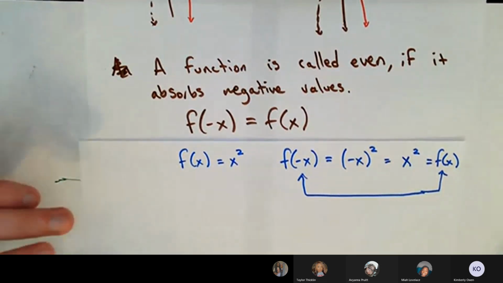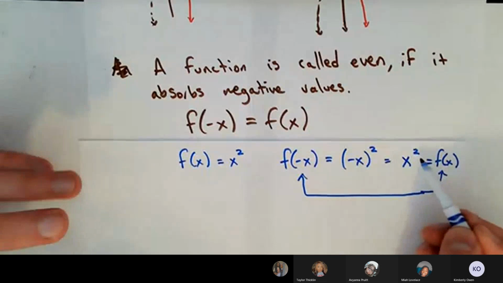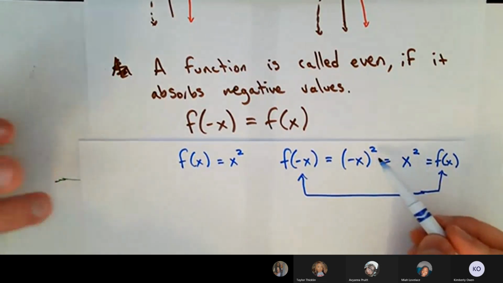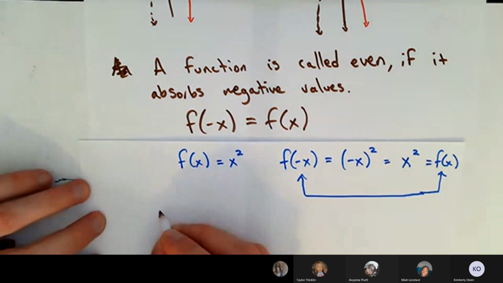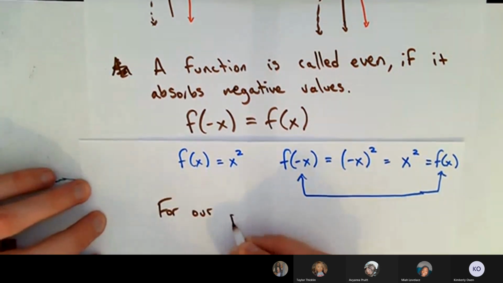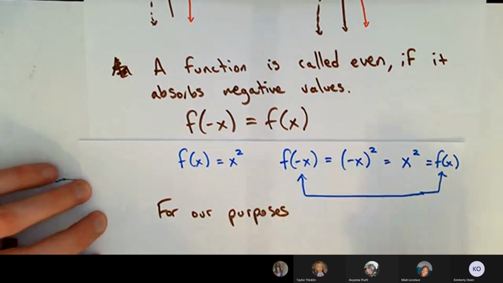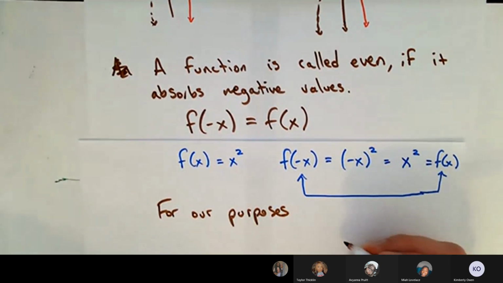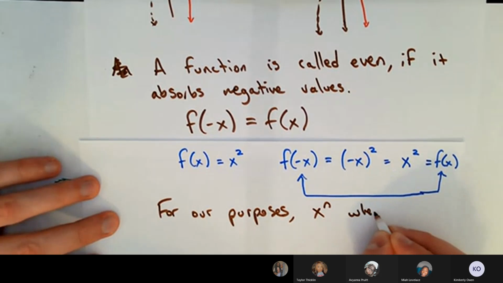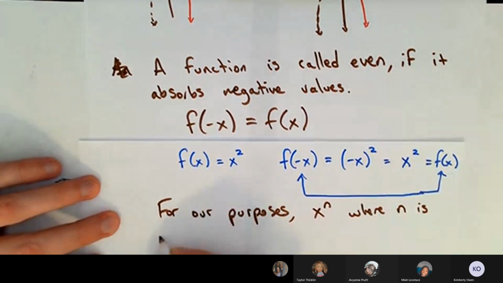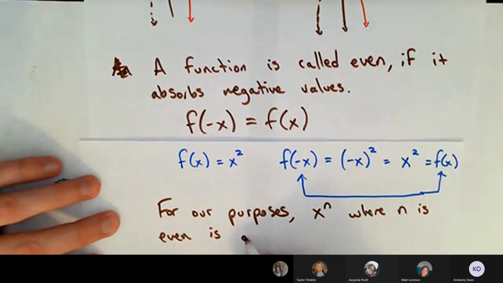And it's no coincidence at all that the exponent is what makes it even here, right? If it's an even exponent, then it's going to be an even function. There are more functions that are even that have nothing to do with exponents, but for our purposes, and what I mean by that is for the functions that we're going to look at, x to the n, where n is even, is an even function.